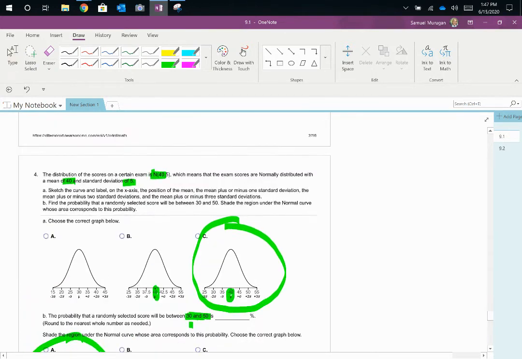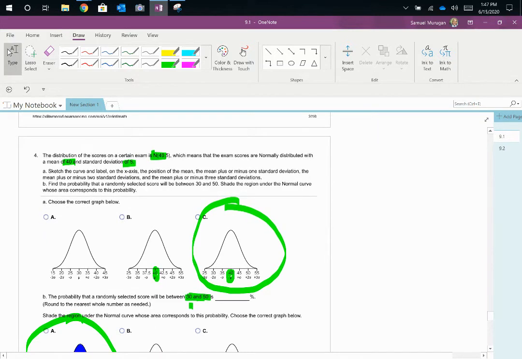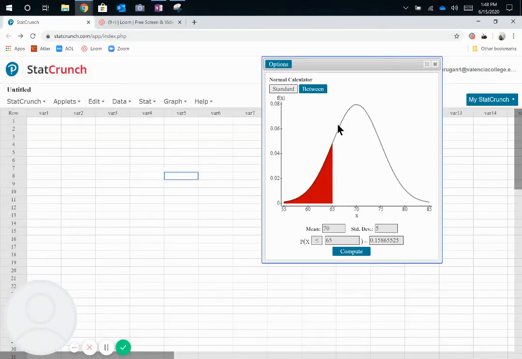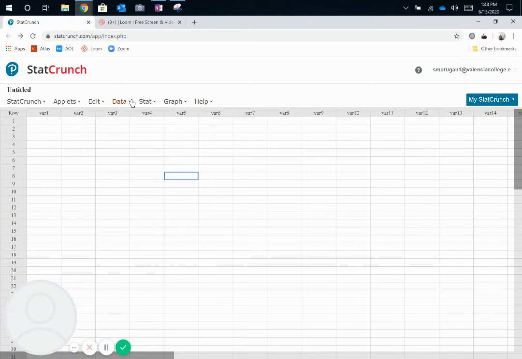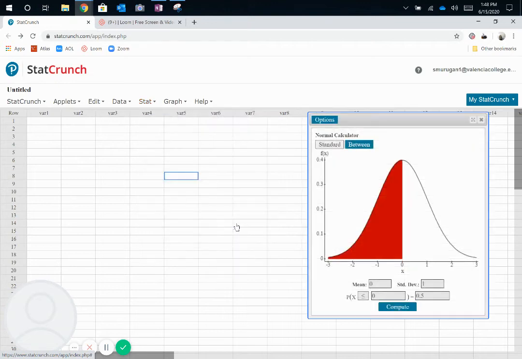Now if you wanted to put this into your calculator, 40 and 5 is the mean and standard deviation, and we're looking for in between 30 and 50. So you would go to the StatCrunch program: stat, calculators, normal.